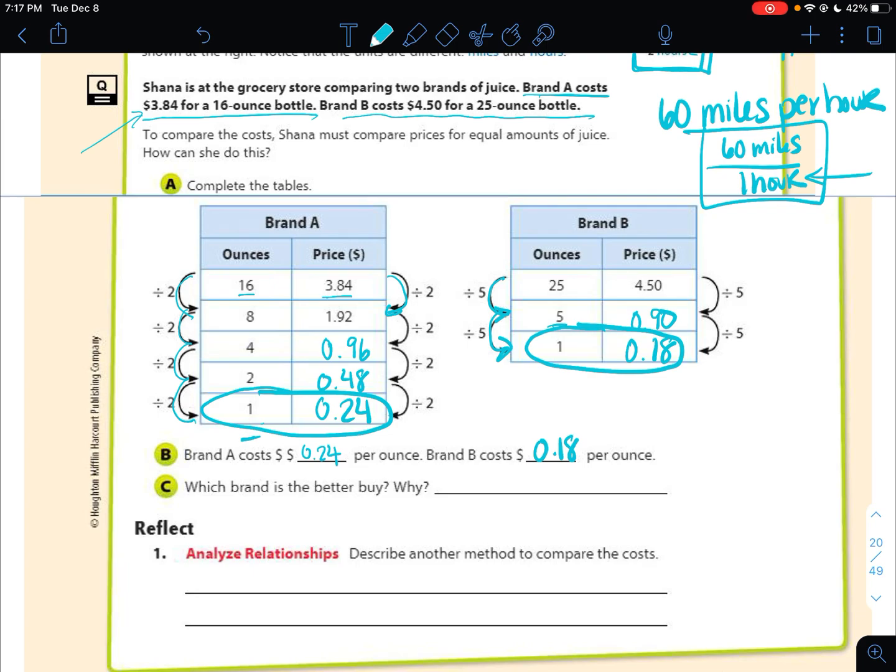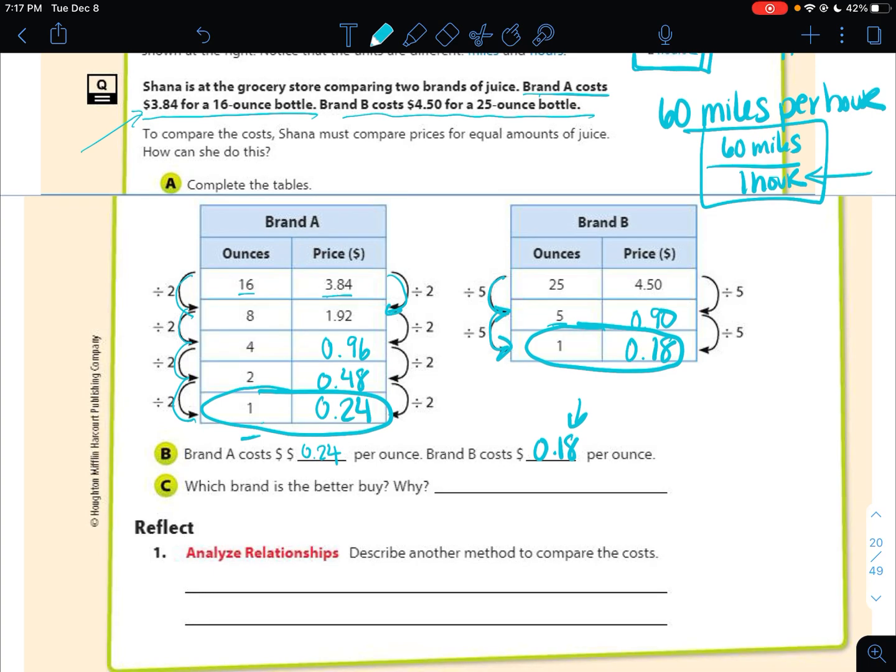And then C asks, which brand is the better buy and why? So if brand A costs 24 cents every ounce that you have to drink, but brand B costs 18 cents per ounce, I want to go with the cheaper one per ounce because that one's going to be the best value.